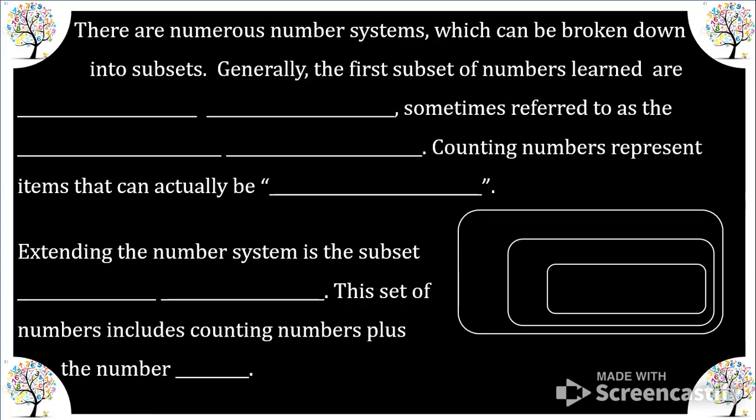There are numerous number systems which can be broken down into subsets, and generally the first subset of numbers that we learn are the counting numbers. When you were little, you first learned the counting numbers. So that's going to be our very inside subset.